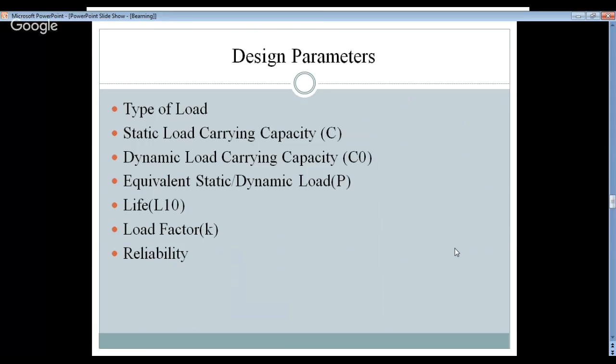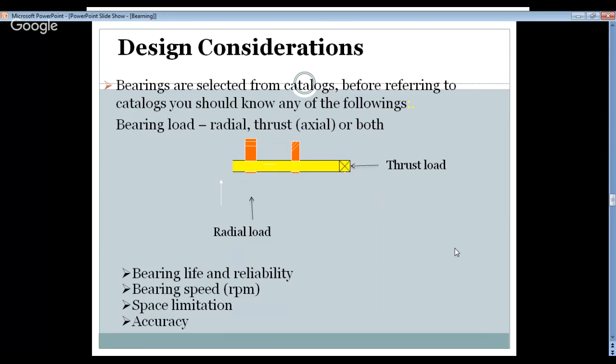There are 7 parameters on the basis of which a bearing can be designed or selected. Bearings are selected from catalogs from a commercial point of view, and from an educational point of view, they can be selected from the design data handbook.